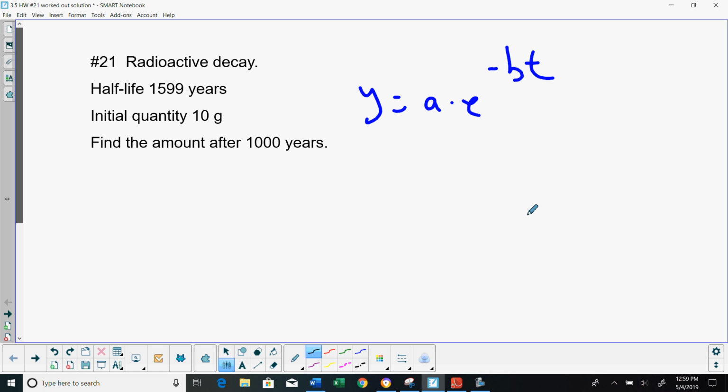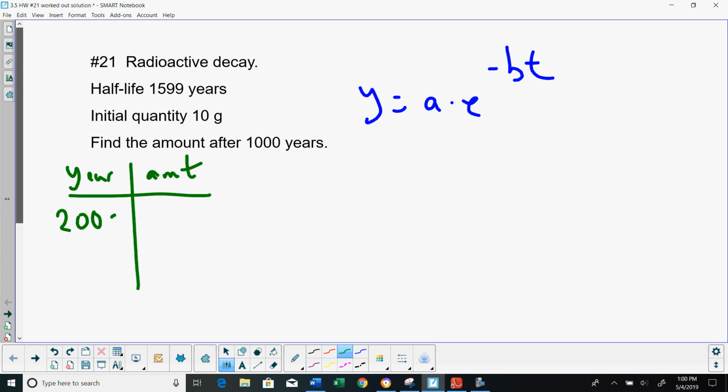So just a quick recap of that half-life idea. Let me make a little table here, not that you have to do this for this problem, this is for educational purposes. Year and amount. Let's start with their initial amount: 10 grams at year zero. Then 1,599 years later, I would be down to 5 grams.